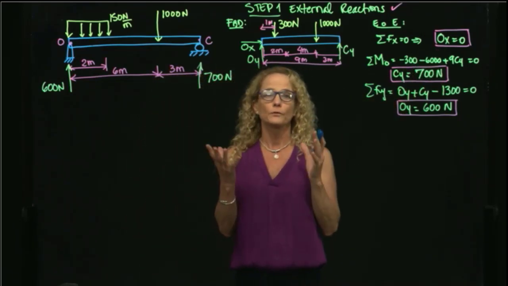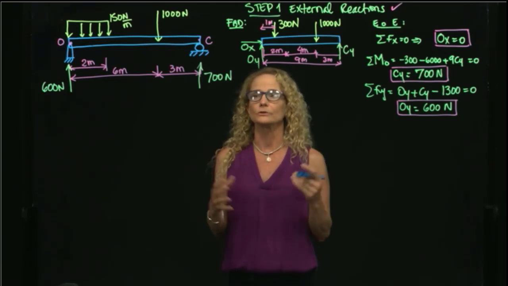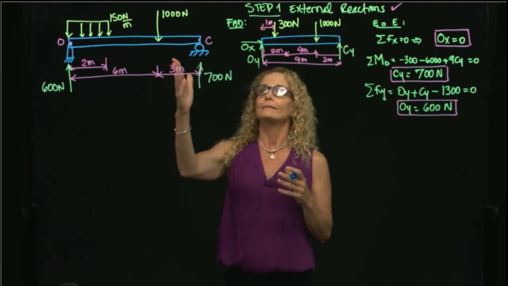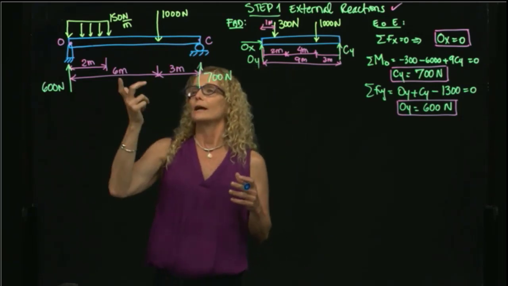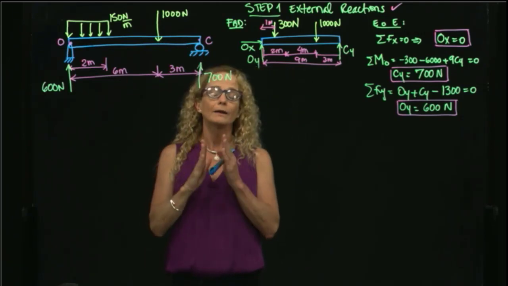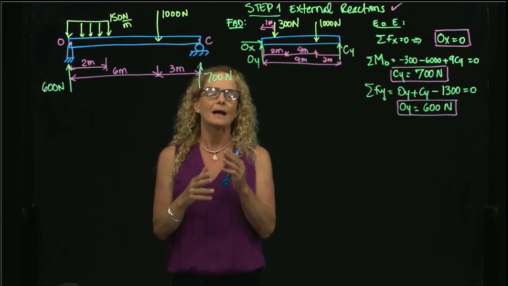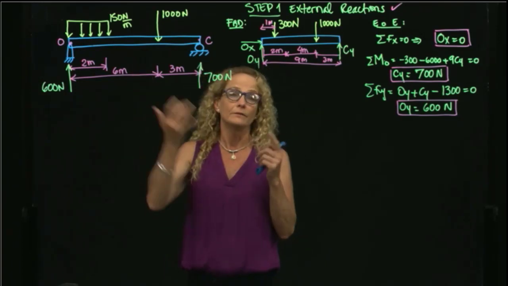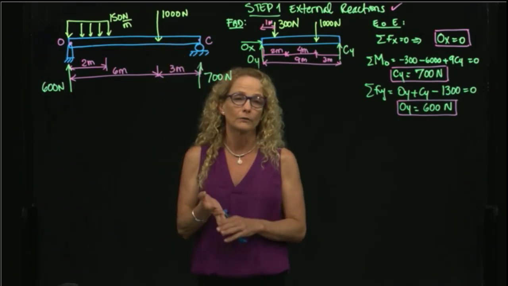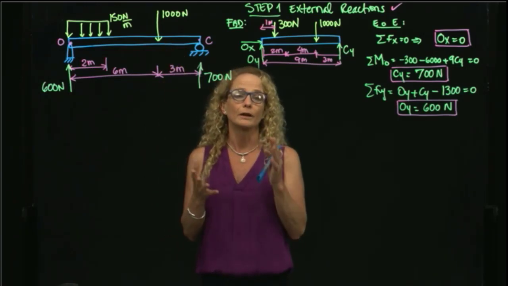First of all, we have to figure out how many sections we want to divide this beam into to find the internal reactions. So we will cut the beam as many times as we have events. What is an event? It will be distributed forces, concentrated forces, or a concentrated moment.